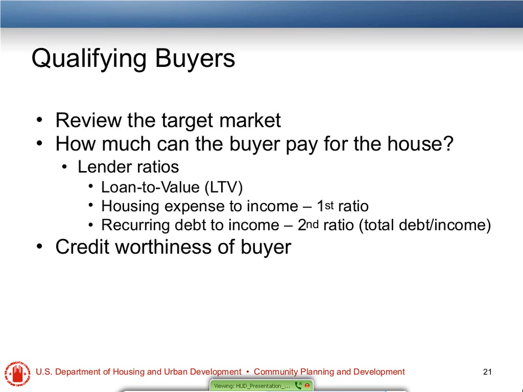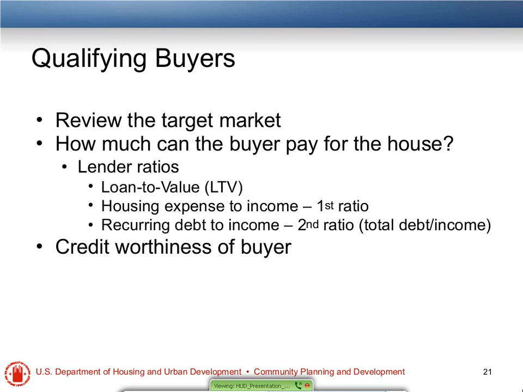Part of qualifying the buyers that we've talked about in the previous classes is making sure we understand our target market and what income group we intend to reach. One of the nice things about the newest federal program out there, NSP, is it does allow us to reach a higher income home buyer. We can now help and assist home buyers at greater than 80% of median up to 120% of median through the NSP program.